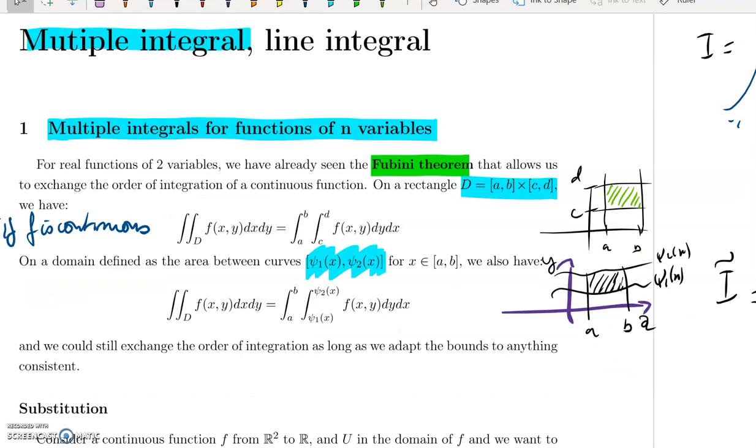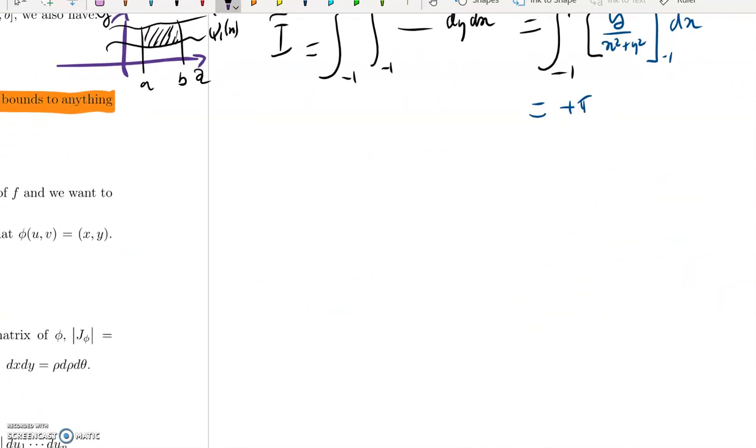For that last case, there is a big warning: you should, if needed, adapt the bounds to anything consistent. Let's do one of those very nice examples. Let me consider the domain of R² that is going to be defined.